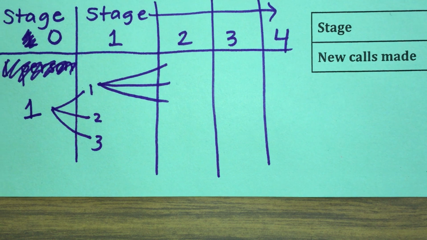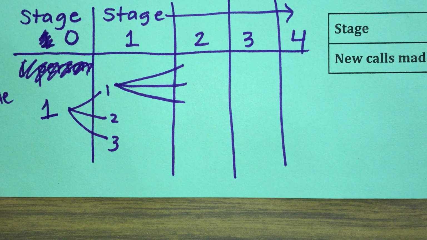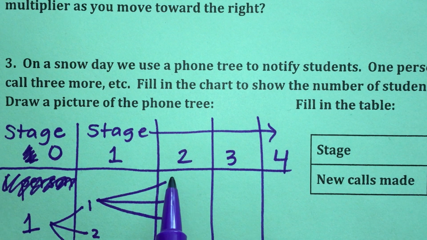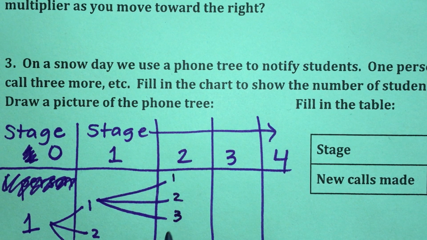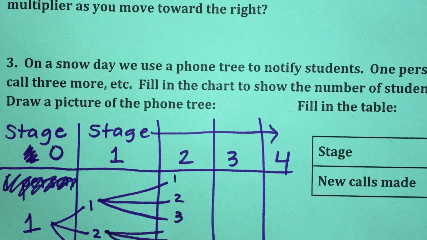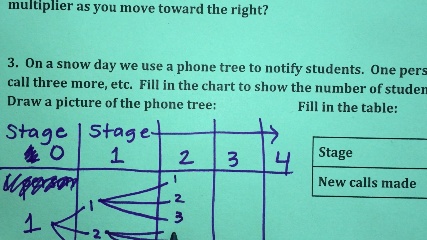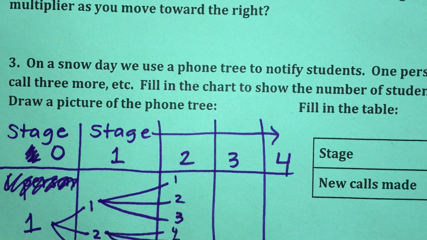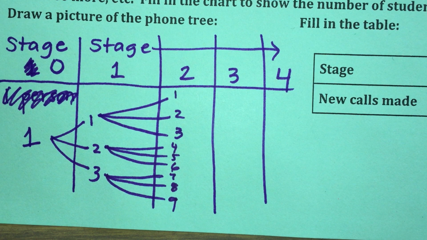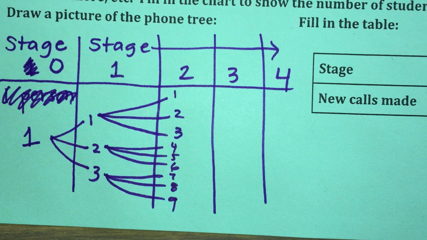Moving on to stage 2. Each of these people is going to call 3 people. So branch out your tree. This tree is going to get pretty big. So we have 3 people here. Let's keep on branching. And here I have a total of 9 people. That makes sense because it's 3 times 3.